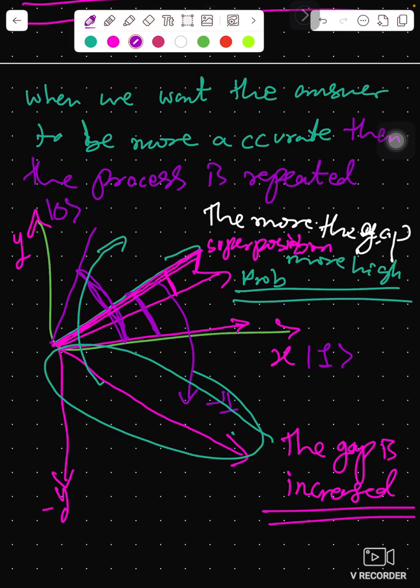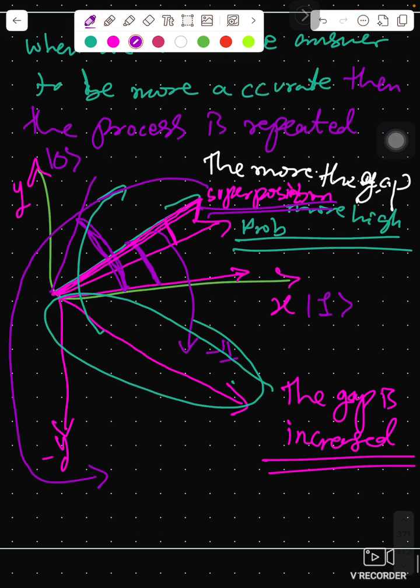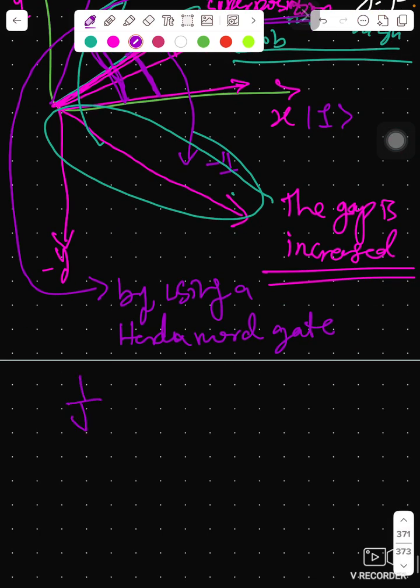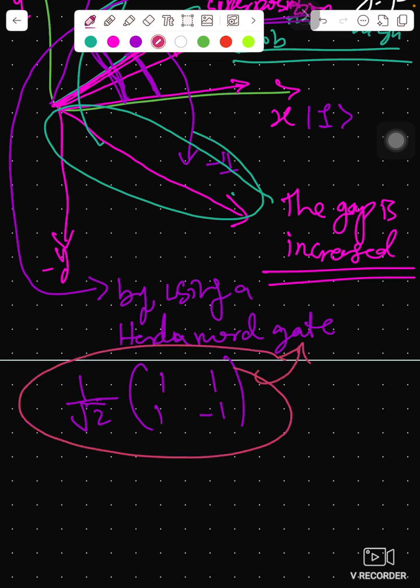How we get it to a superposition state is, it's a qubit, by the way, by using a Hadamard gate, which is 1 by square root of 2 times the matrix 1 1, 1 -1. This is what the Hadamard gate is.